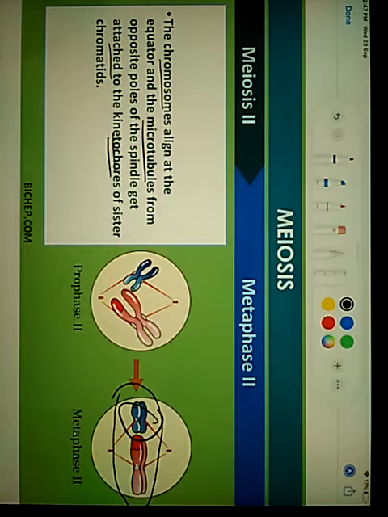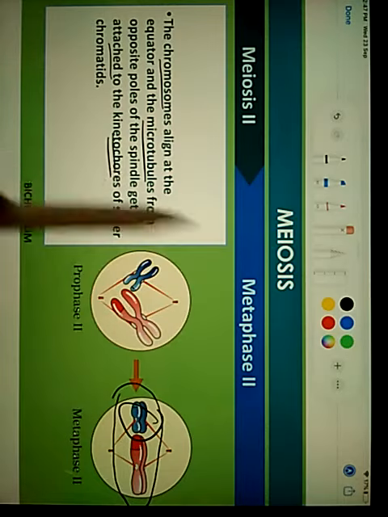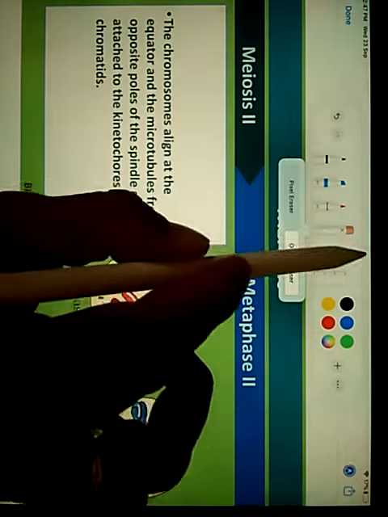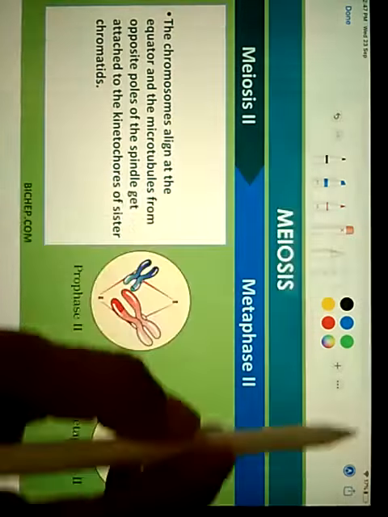Again, on both sides, microtubules are attached at the centromere on the surface of the kinetochore. That's the event seen in metaphase II, where a single equatorial plate is again formed.